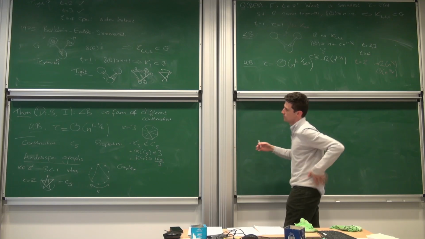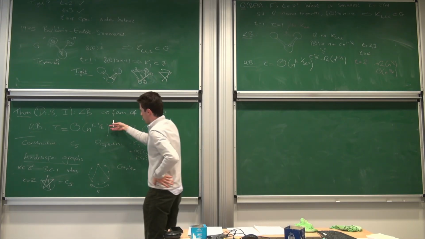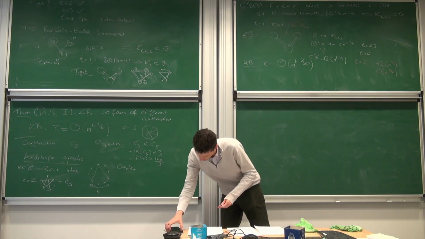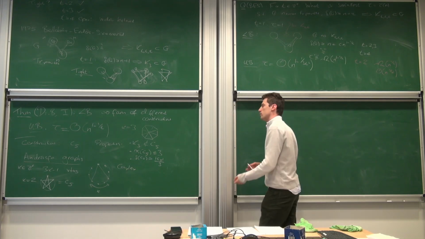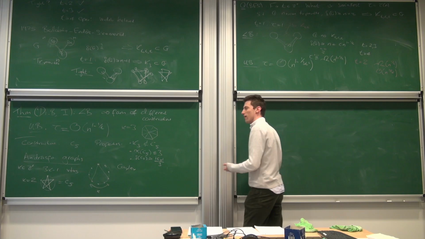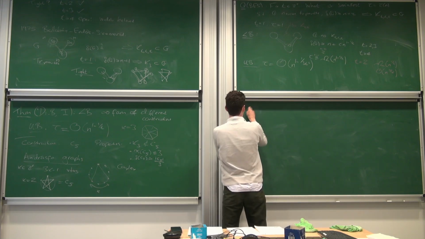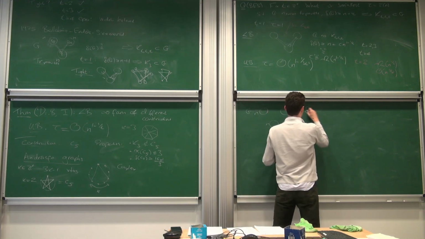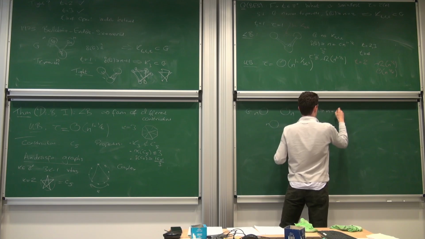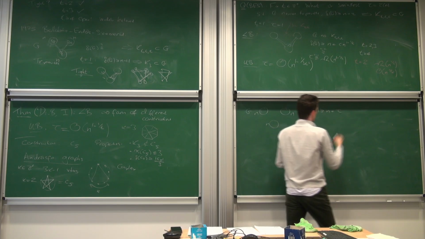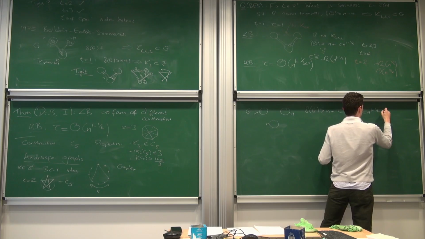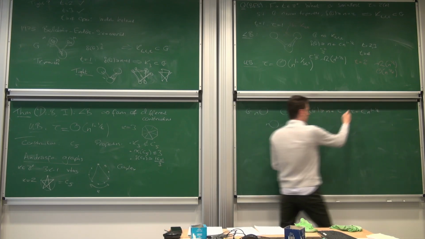Great. Okay, so now let me talk a bit about how you prove this sort of upper bound. Yeah, so I'll remind you we have a graph G, which is n by n by n tripartite, and it has minimum degree at least n plus tau, where tau is a constant times n.